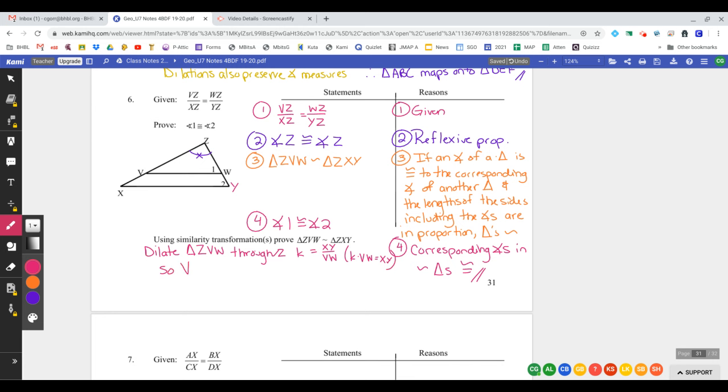So we have V is going to map to X, W is going to map to Y, and Z is going to map to itself. We know that dilations preserve our angle measures.